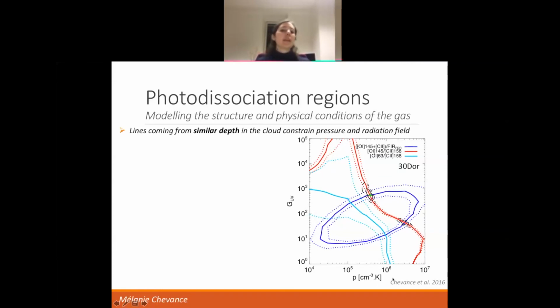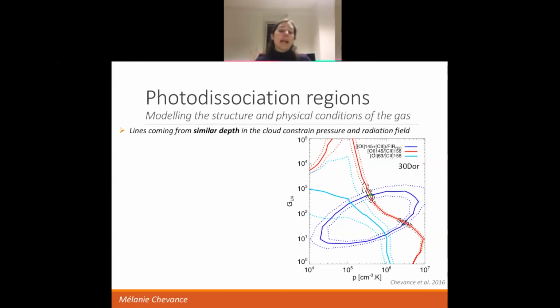The first thing that you can notice here is that there is no one single, unique solution that will be able to reproduce all of our observations. First, the red line and the cyan line never cross, so it's impossible to reproduce both the O1 63 micron and 145 micron at the same time. And one reason for that is that the O1 line can be self-absorbed.